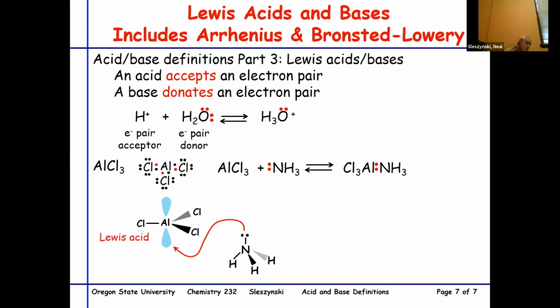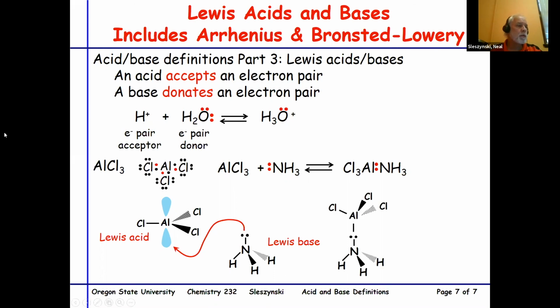So now we see our definition of Lewis acid. Aluminum trichloride, which has no hydrogens or hydroxides, is acting as a Lewis acid by accepting an electron pair. Ammonia is acting as a Lewis base, not because it's reacting with a hydrogen ion, but because it's donating an electron pair during this reaction.